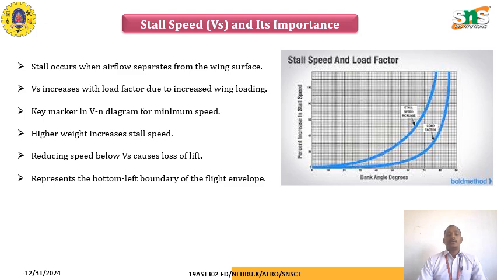It is the key element in the VN diagram for the minimum speed of operation: as weight increases, stall speed increases. Reducing speed below the stall speed causes loss of lift in the aircraft, which represents the bottom lift boundary of the flight envelope curve.